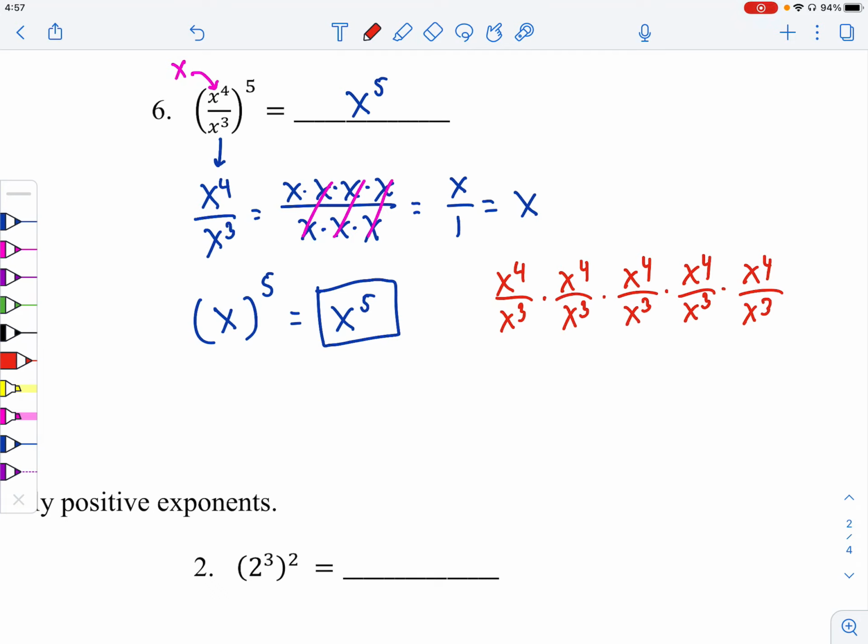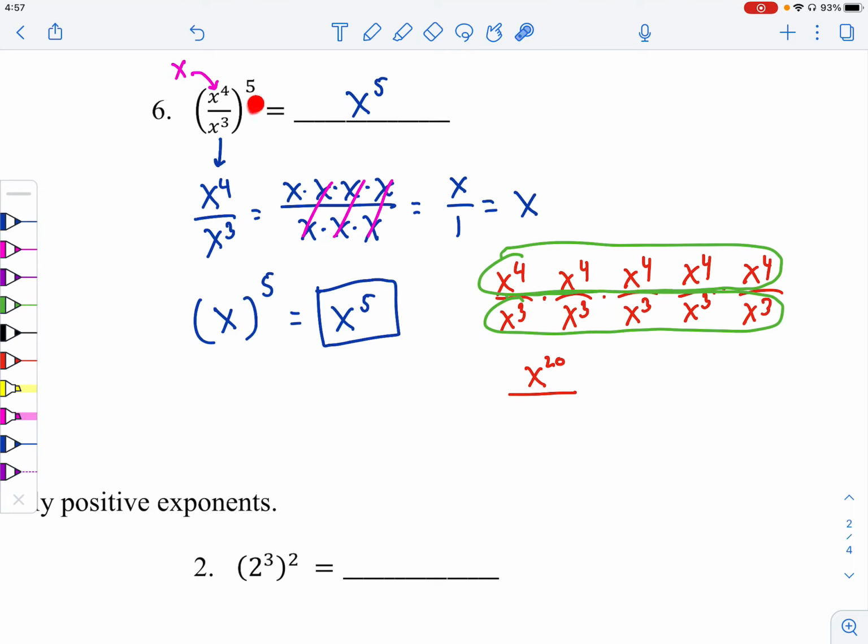And we can look at the numerators, right? So if we add up all these x's together, like all the exponents, right? 4 plus 4 plus 4 plus 4 plus 4, or 4 times 5, right? 4 times 5 is 20. So we're going to have x to the 20th power in the numerator. The denominator, we have 3 times 5, right?